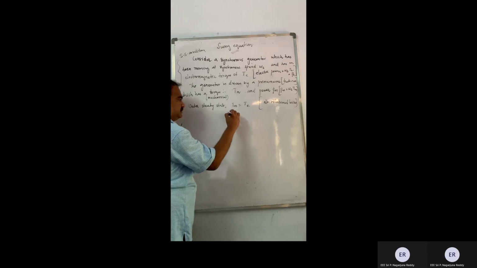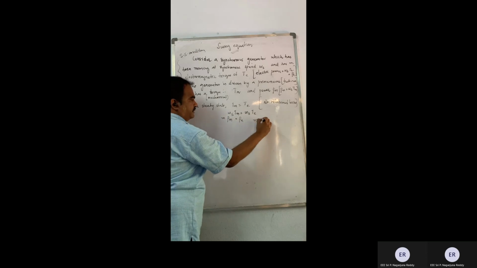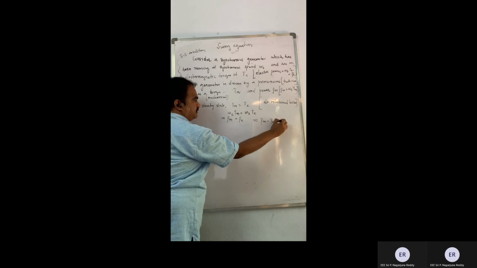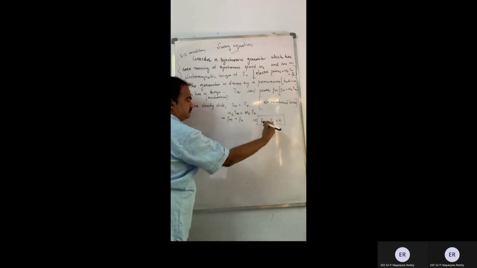If I multiply both sides with omega s, which is nothing but Pm, P, I can write it as Pm minus P is equal to 0. This is the normal condition during steady state.